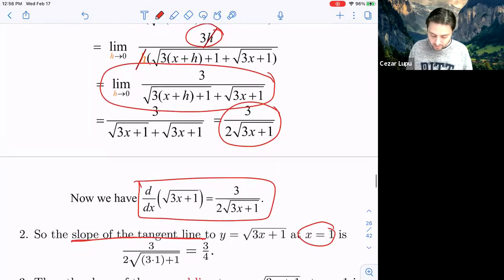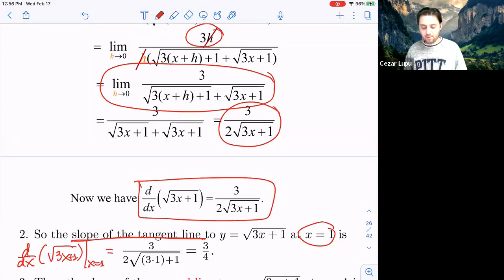So let me be more specific here. In fact, let me write it this way: this is the derivative of the square root of 3x plus 1 evaluated at the point x equals 1, and you're just going to plug it in. So the derivative, as you can see, is here.